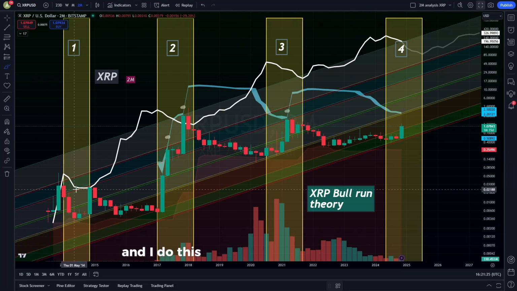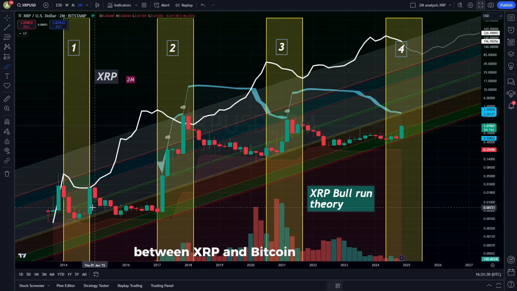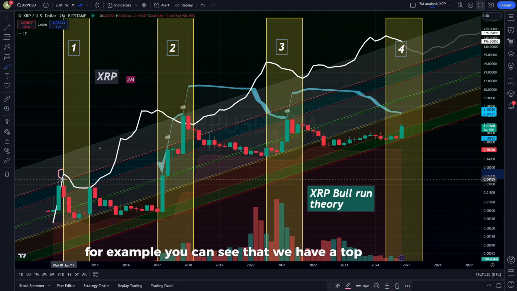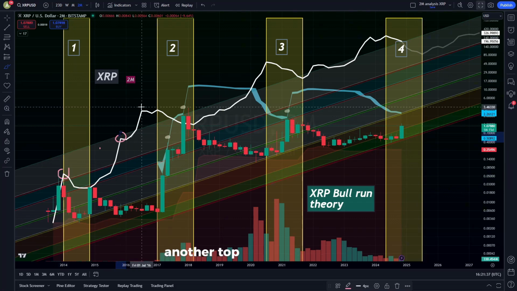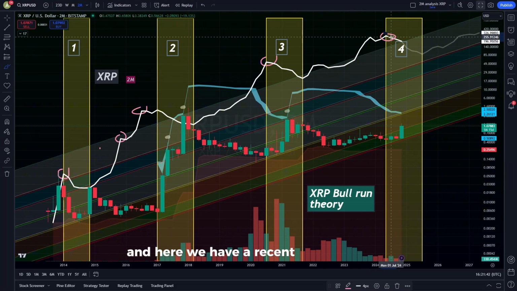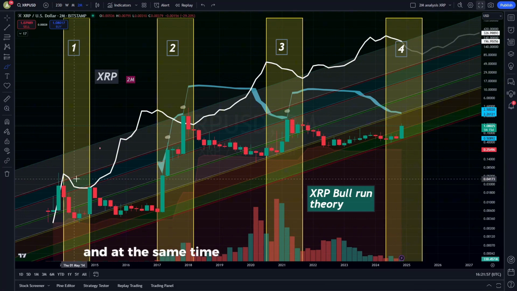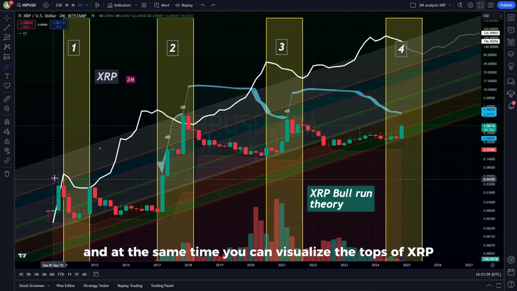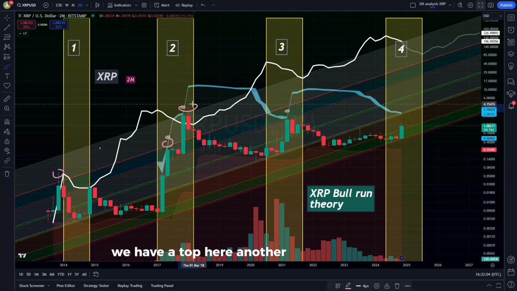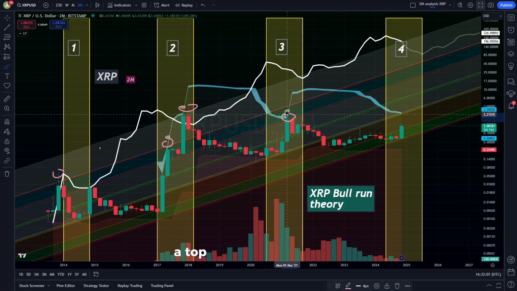I do this to have some reference prices between XRP and Bitcoin, because here, for example, you can see that we have a top for Bitcoin, another top, here we have a top, and here we have a recent top for Bitcoin. And at the same time, you can visualize the tops of XRP. For example, here we have a top for XRP, a top here, another top just right here, a top here also.